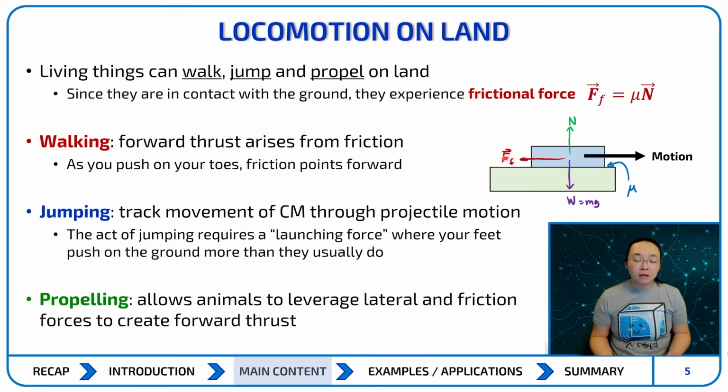Essentially what's happening here is that, let's use the snake as an example. The snake, which has a very long body, plants its head due to friction on the ground, and then it contracts all of its remaining body parts or remaining length. It compresses and contracts it so that it's very, very close to the head.